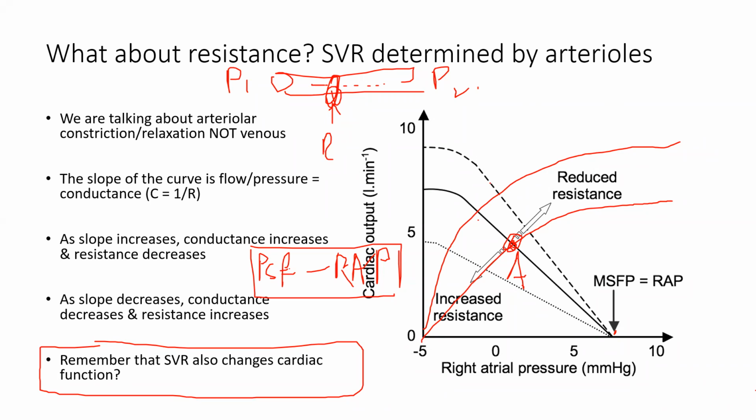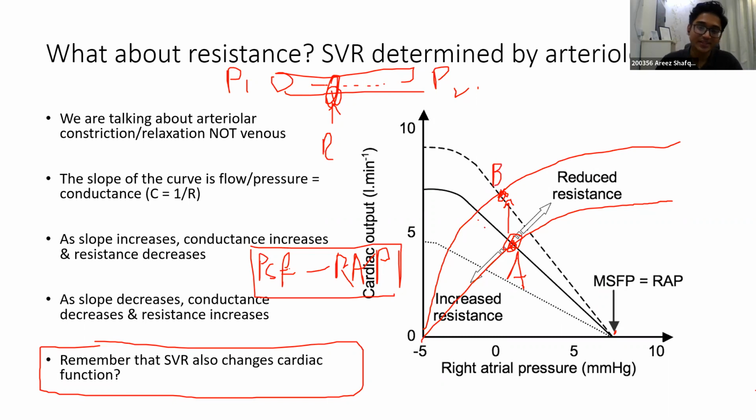Increases. That means the slope increases, right? Yes. Do you follow me so far? That means I shift from this point of equilibrium to this point. I go from A to B.